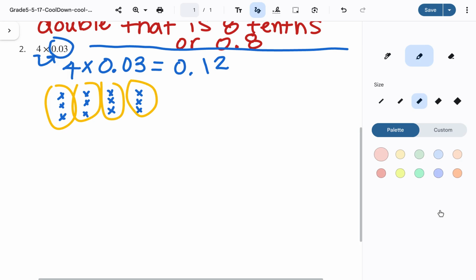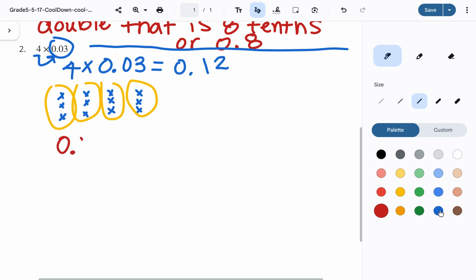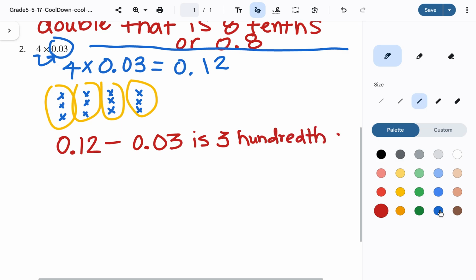Now, we have done this in those 2 different ways, but just like what we did above, let's go ahead down below and let's give an explanation. So I'm going to write out our answer. Our answer is 12 hundredths. Now, if I was going to explain that, I could do it similarly to above, and I could say that 3 hundredths is 3, and now let's write out that place value in word form, is 3 hundredths.